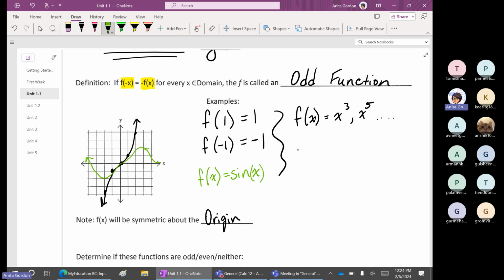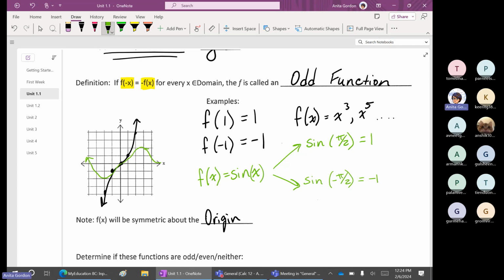Okay, so here I'm going to do another example. If I have sine x as my function, okay, sine of pi by 2, or sine of 90 degrees. Do you remember what that should equal? 1. Now if I do sine of negative pi by 2, -1, right?